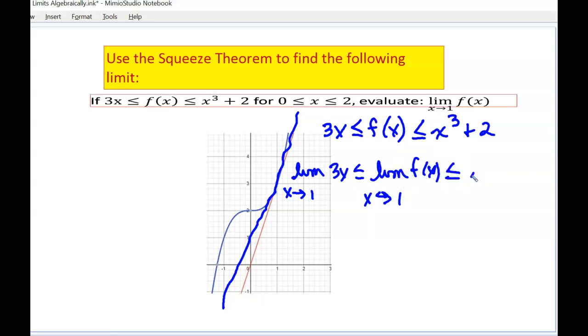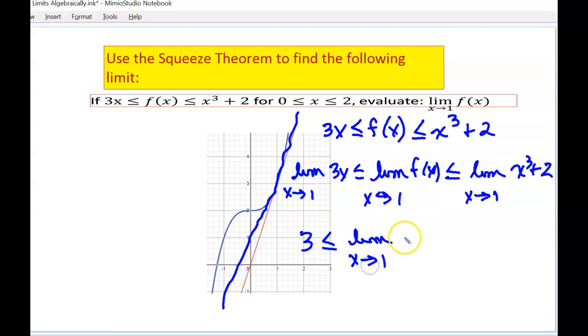Doing the first limit, if I plug a 1 in, this is going to be 3, which is less than or equal to the limit as x approaches 1 of f of x, which is going to be less than or equal to, if I plug a 1 in, 1 cubed plus 2, which is also 3.